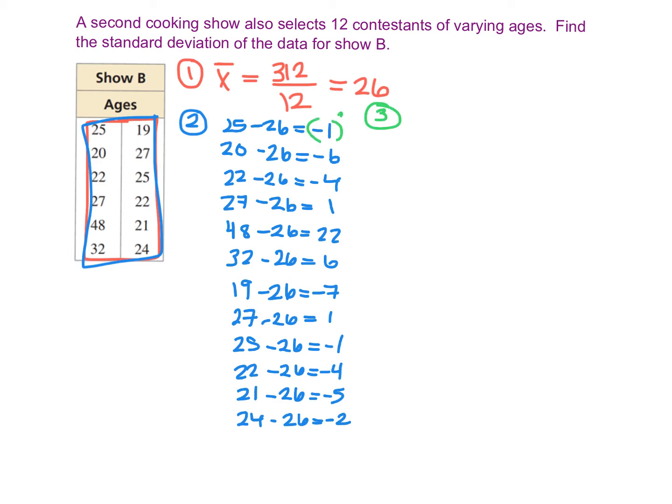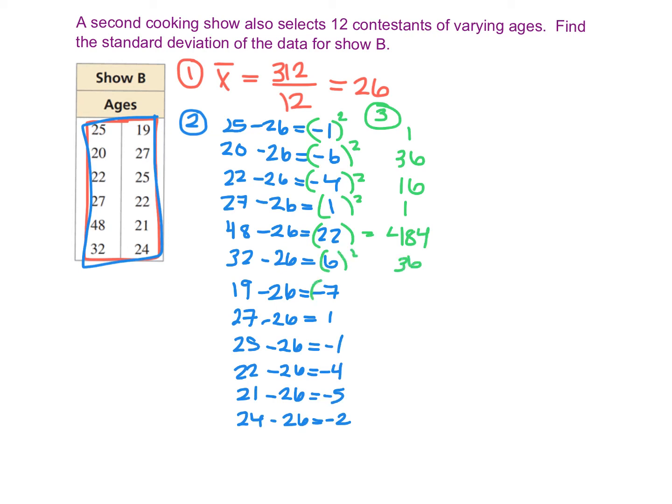So we're going to go through and square each one. So we end up with 1, 36, 16. We should be squaring them all. 1. The only one I probably don't know off the top of my head is this one. 22 squared is 484.